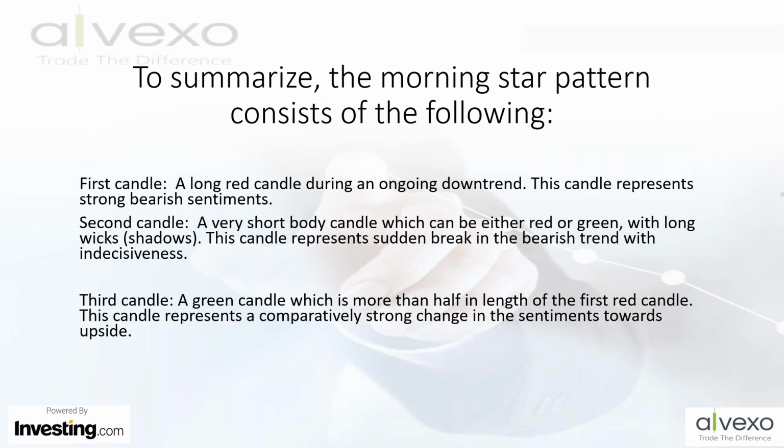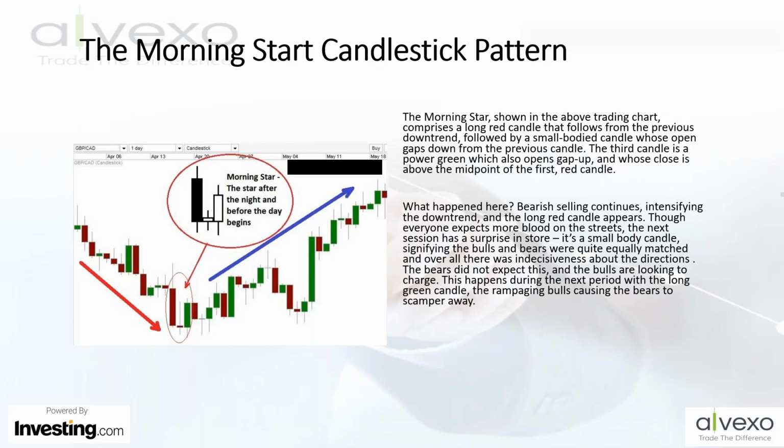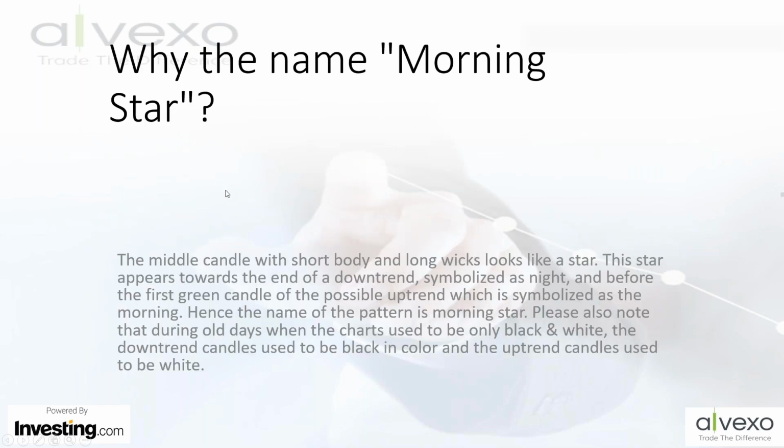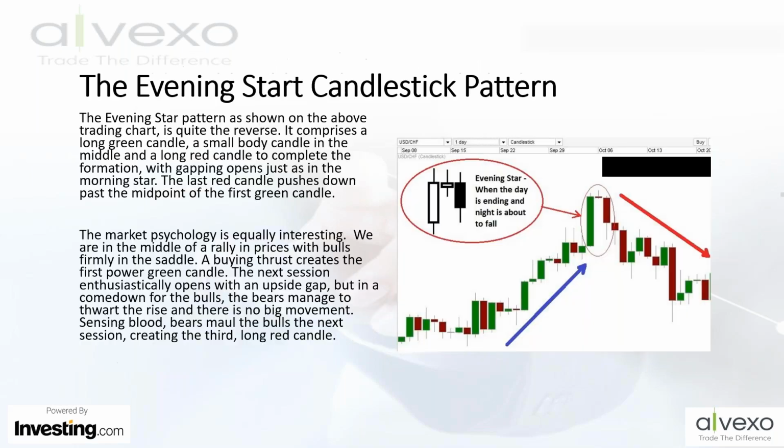And the third candle will be a green candle, which is the opposite color, which is more than half the length of the first red candle. This candle represents a comparatively strong change in sentiment towards the upside. And why is it named Morningstar? The middle candle with the short body and the long wicks looks like a star.